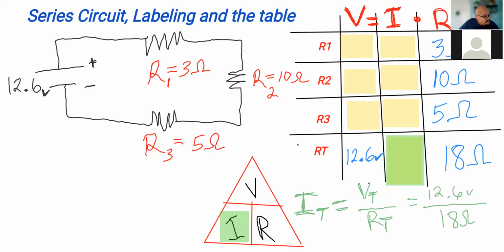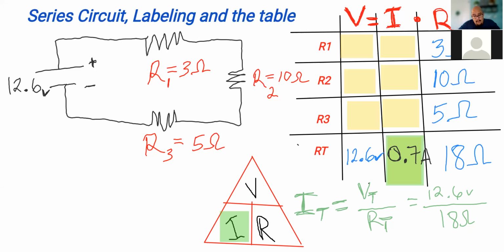So we would divide 12.6 divided by 18. We would acquire 0.7, and I'm going to put this here: 0.7 amps. Okay, so that would go there.